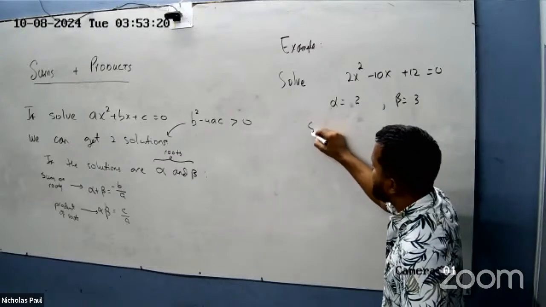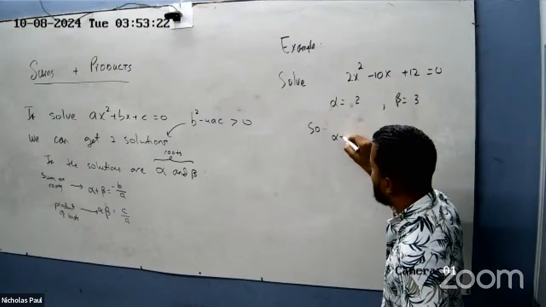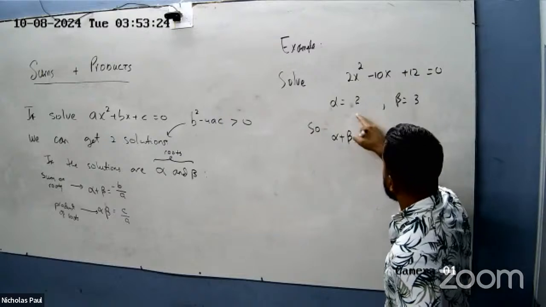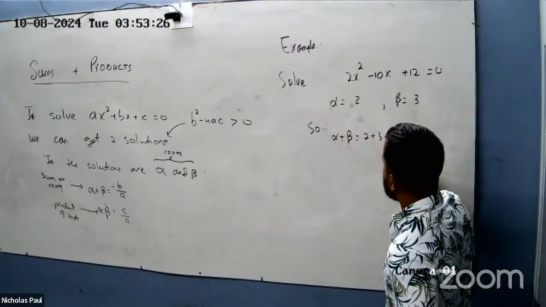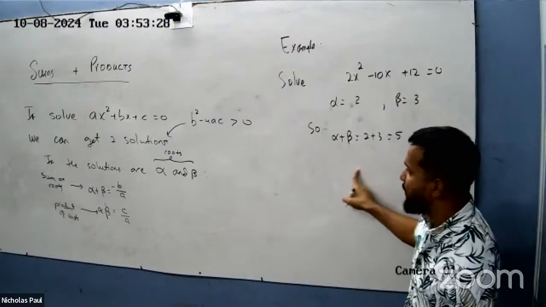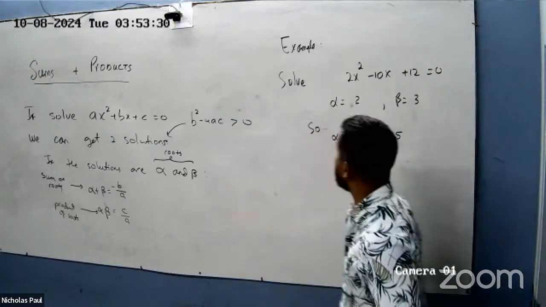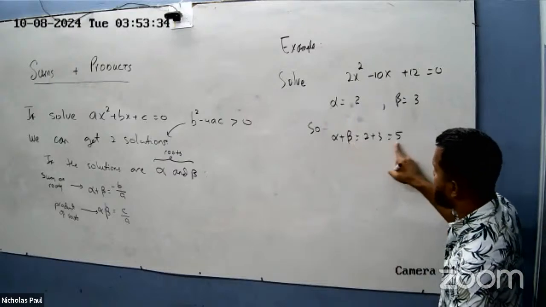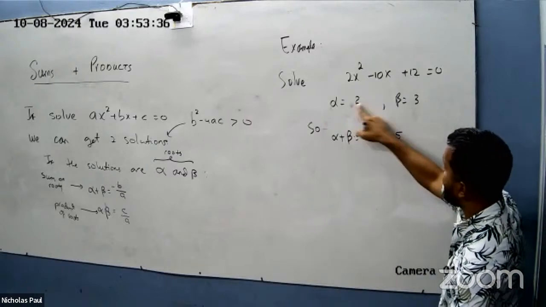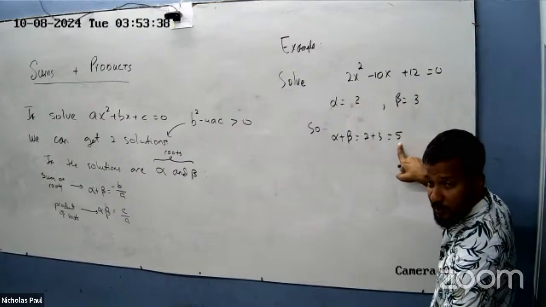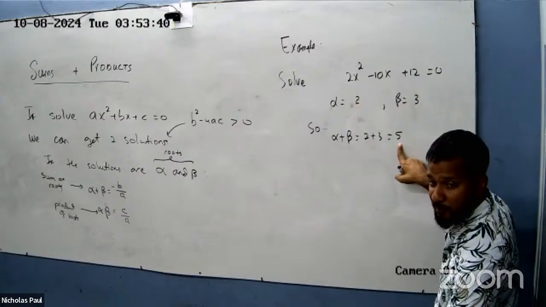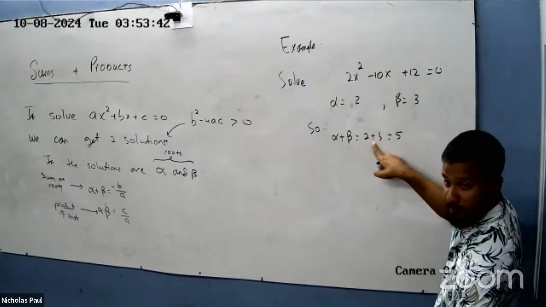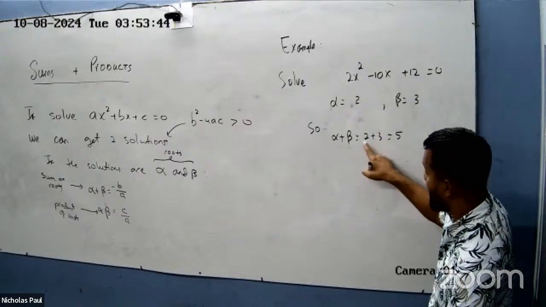I said that alpha plus beta, which is 2 plus 3, which is 5, is the same as what? Watch this here. Alpha plus beta is 5, correct? I just add alpha and beta.